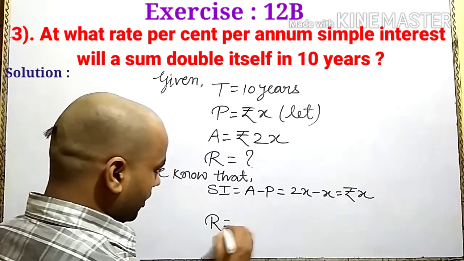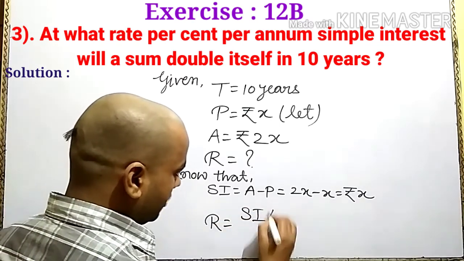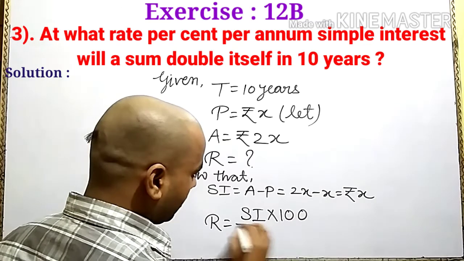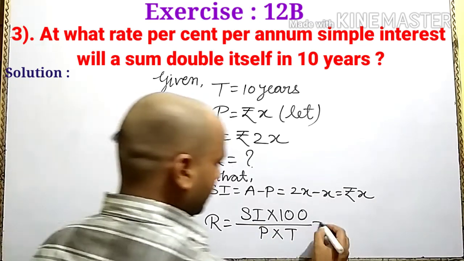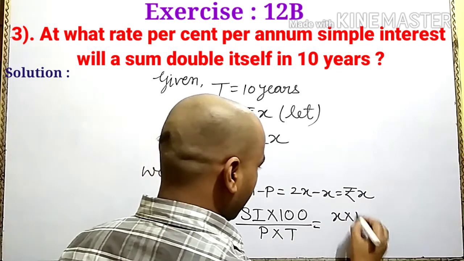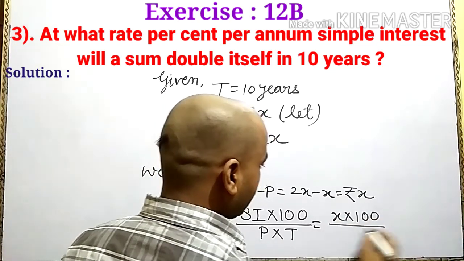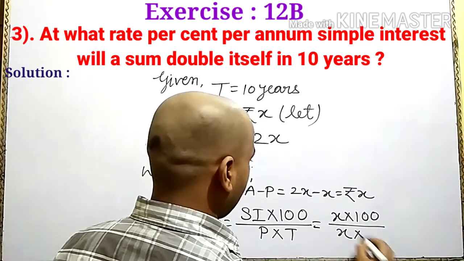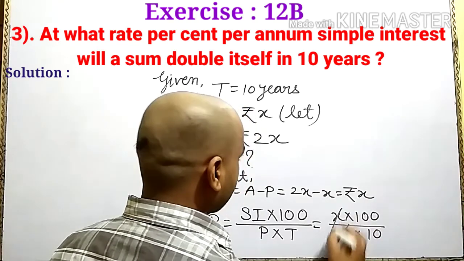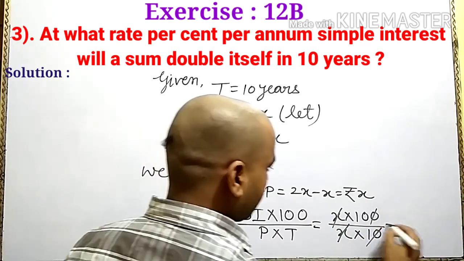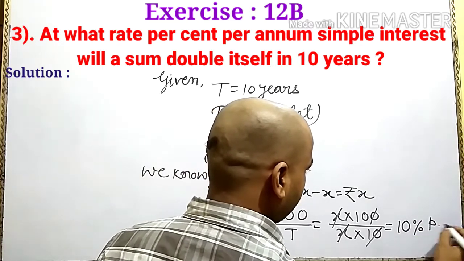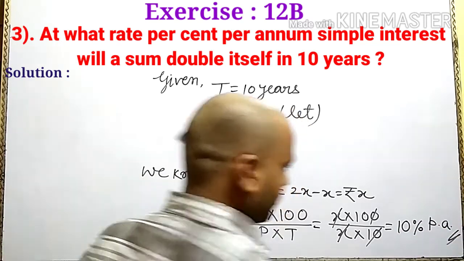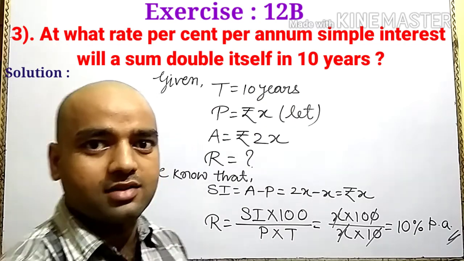The rate is equal to SI into 100 upon P into T. Here SI is x into 100, P is equal to x into time 10. x cancels out. 0 cancels out. Here 10% per annum. This is your required answer.